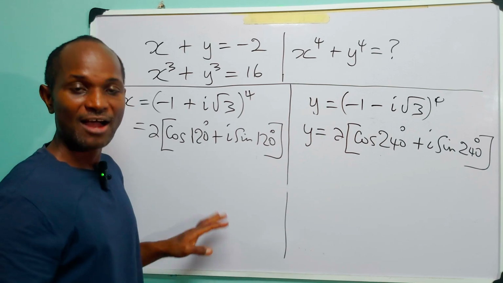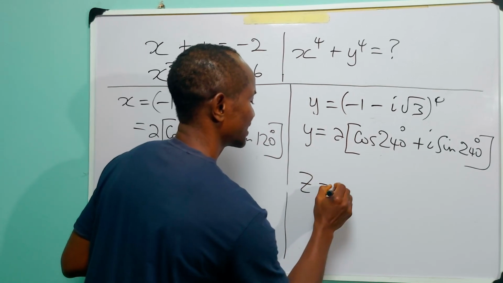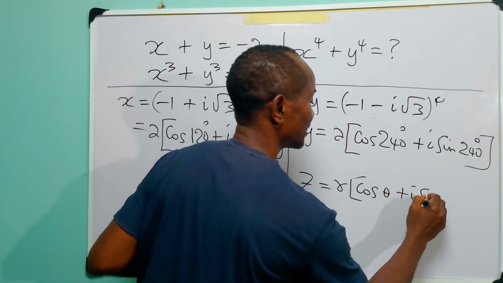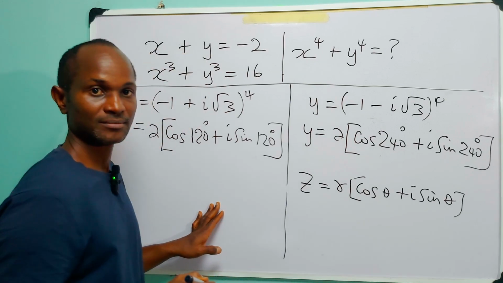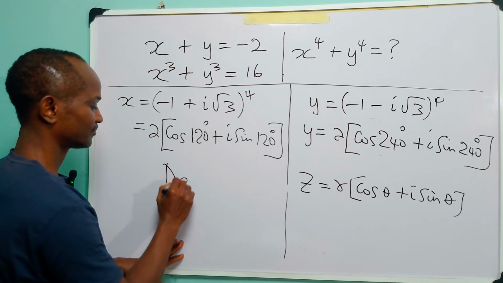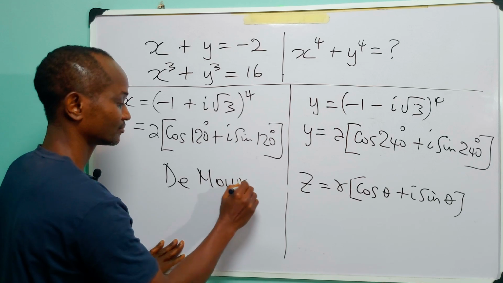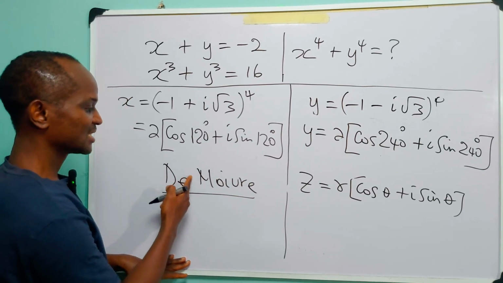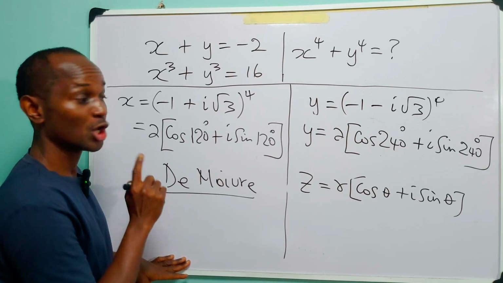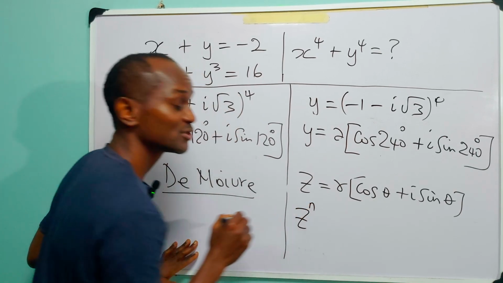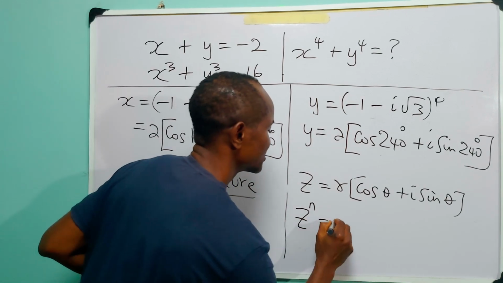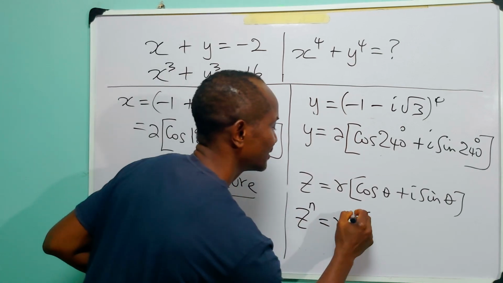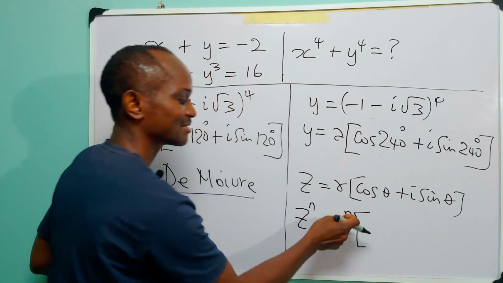Next, when we have a complex number z that is equal to r into cos theta plus I sine theta, this man, I never know how to pronounce this, please forgive me, but this French person told us that to get z raised to power n, all we have to do is raise r, the modulus of the complex number, to power n, and then multiply the argument by n.